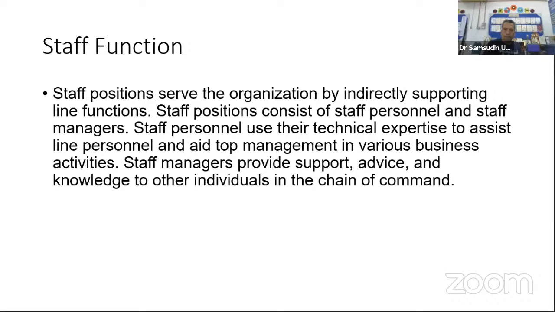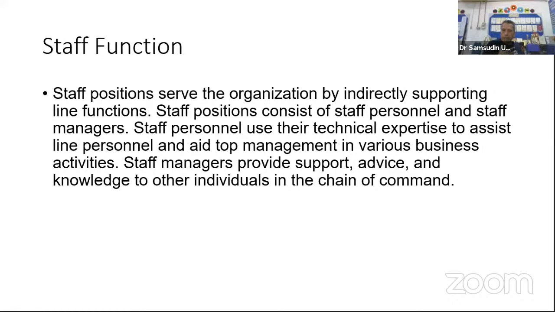But in conducting our project, in managing our conference, we need the support from the staff, because the staff role or staff function is providing support to our line function.